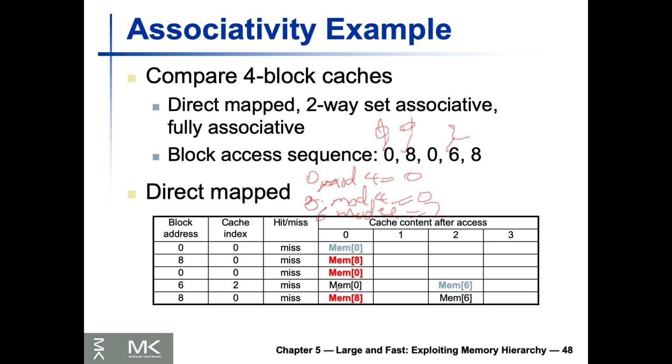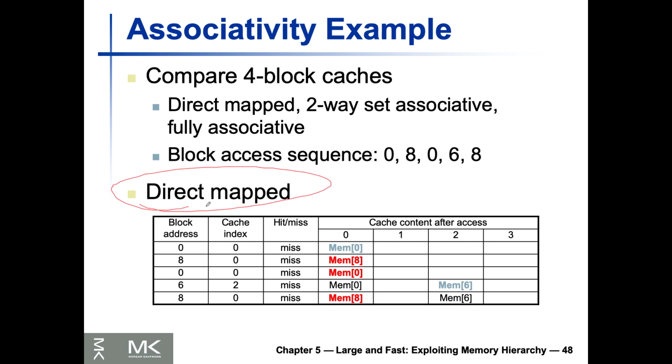So in order to find a specific location in a direct map cache to search for the data, to see if it was a hit or miss, you just take a mod.